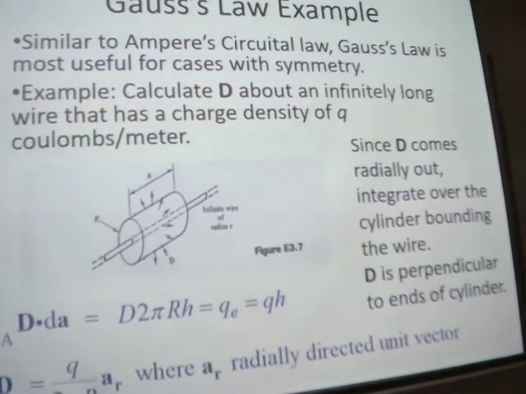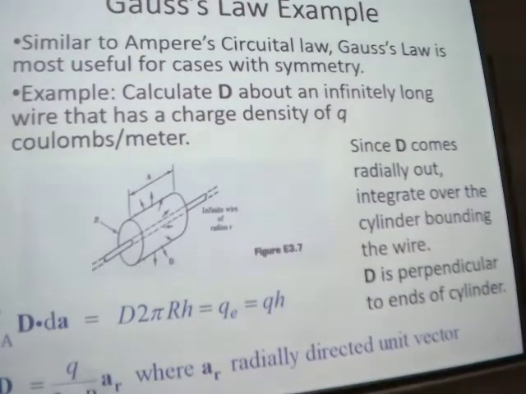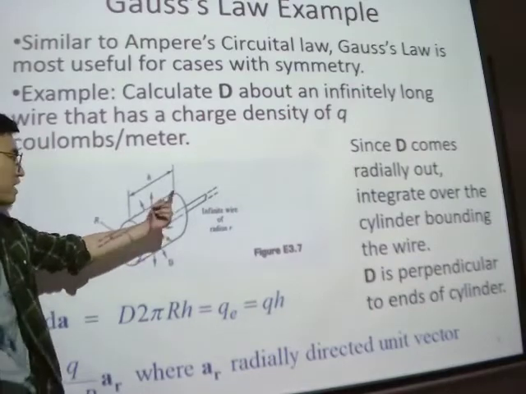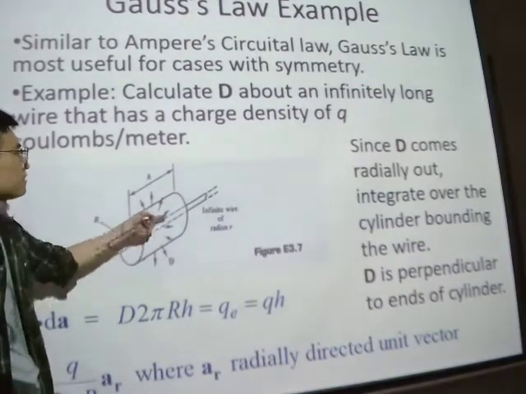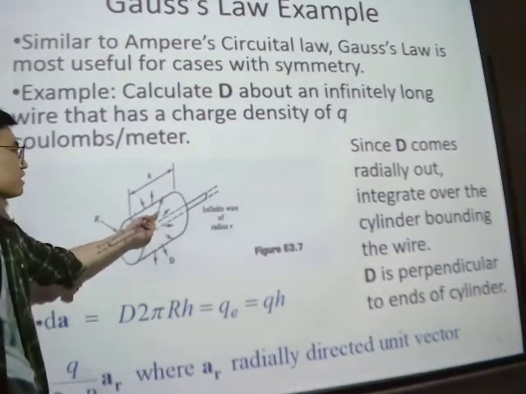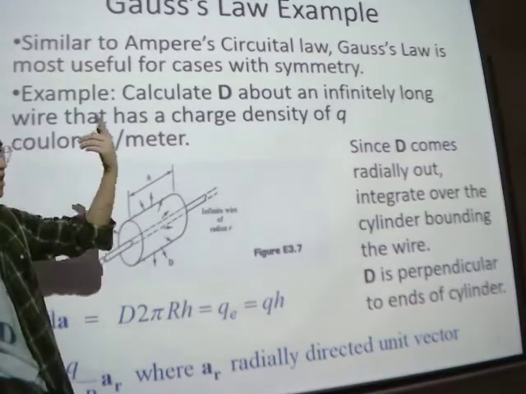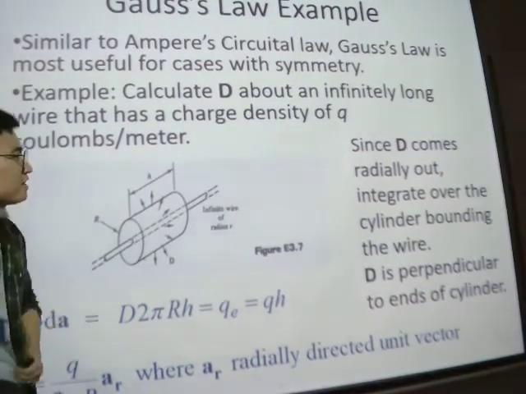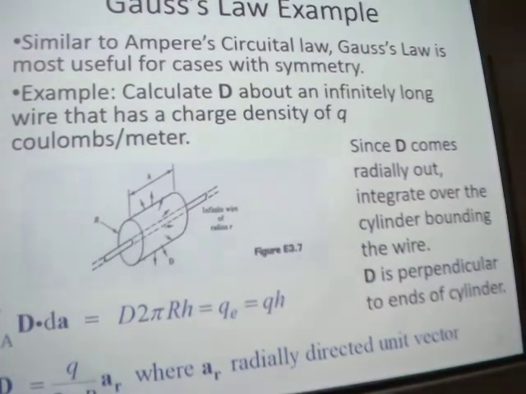Because D is directed radially outward, from this transmission line to the outside world, we can use the integration over a cylinder around the wire.